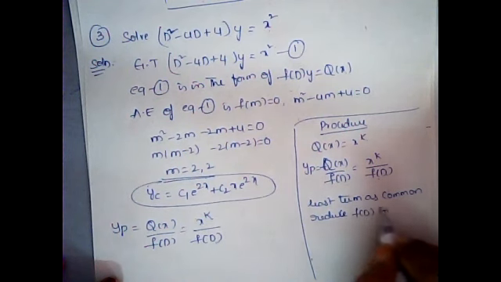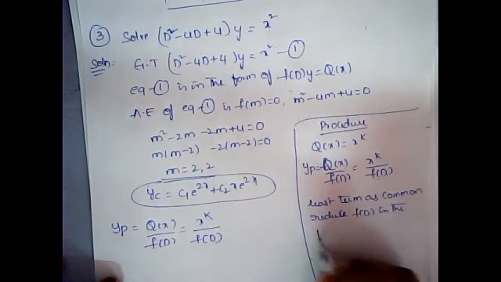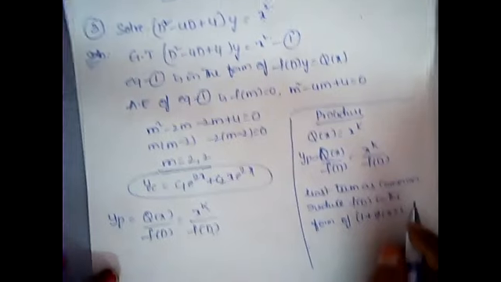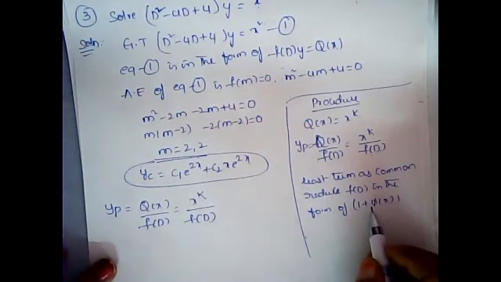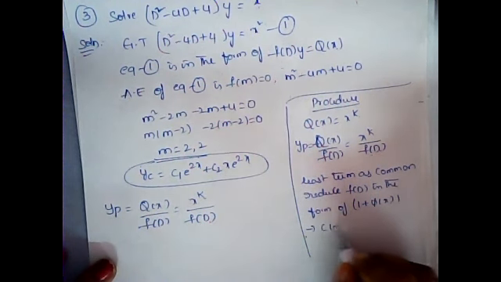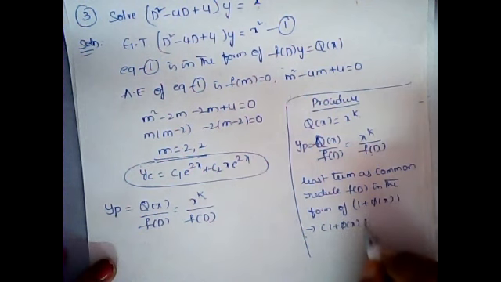And we will reduce f of D in the form of 1 plus phi of D form. After reducing f of D in the form of 1 plus phi of D, we will take 1 plus phi of D to the numerator.